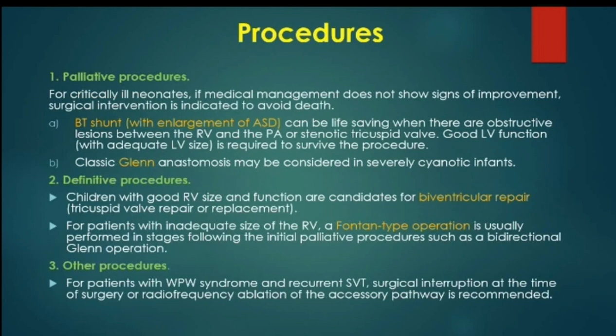Surgical procedures include palliative procedures for critically ill neonates with failure of medical treatment to avoid death. This includes BT shunt and atrial septectomy when there is obstructive lesions between the right ventricular cavity and the pulmonary artery or a stenotic tricuspid valve.